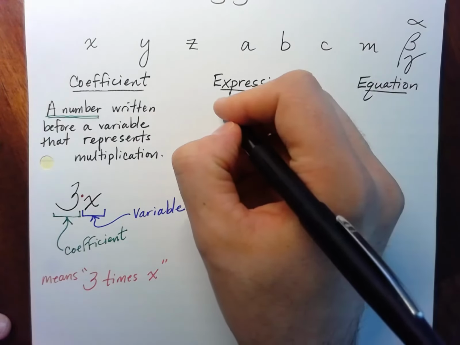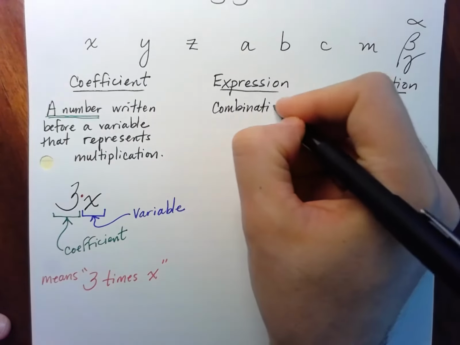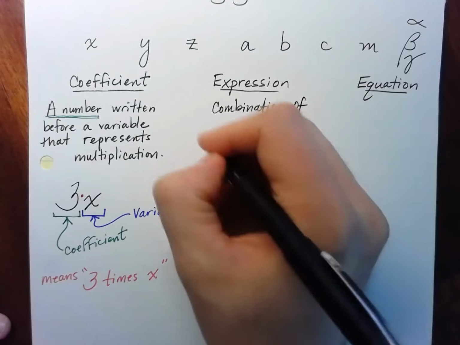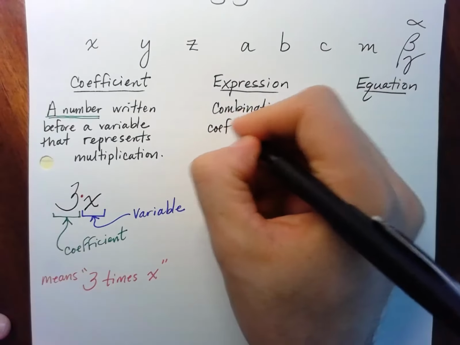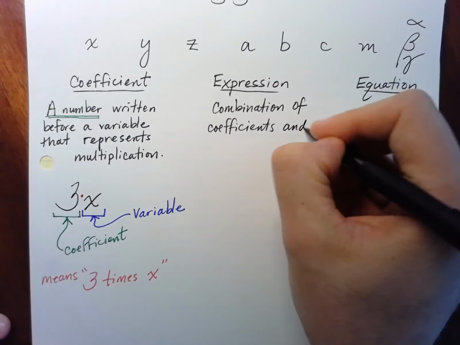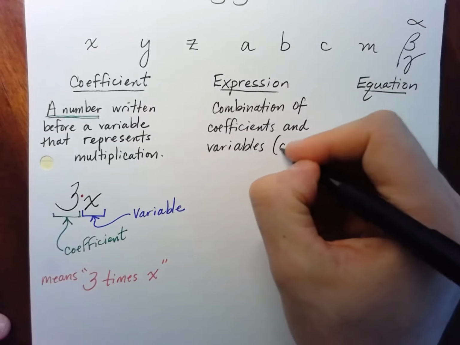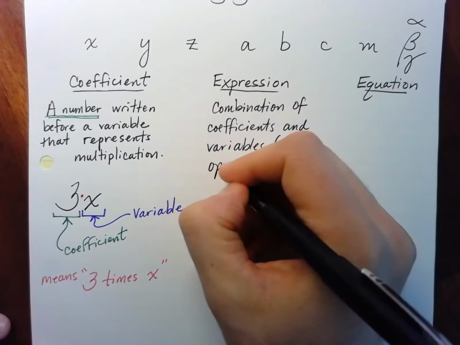So altogether, this thing altogether, 3x, is an expression. So an expression is a combination of coefficients and variables and operations too.